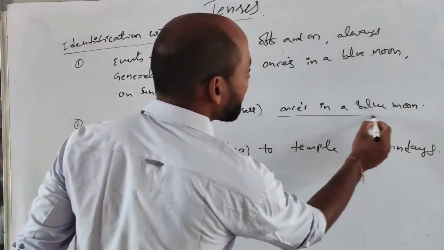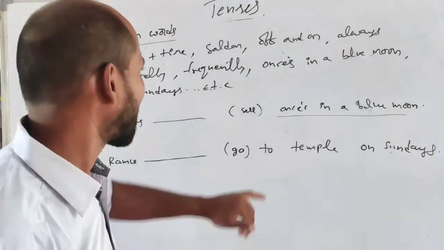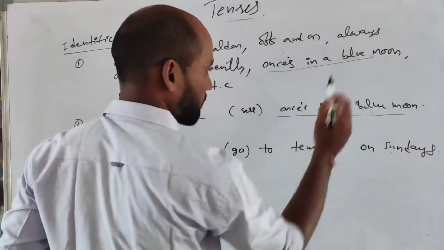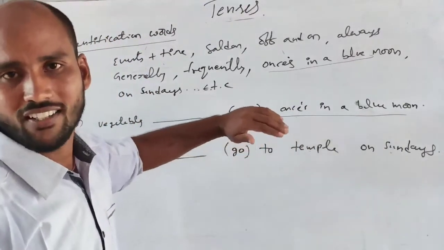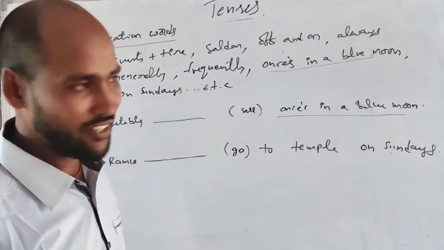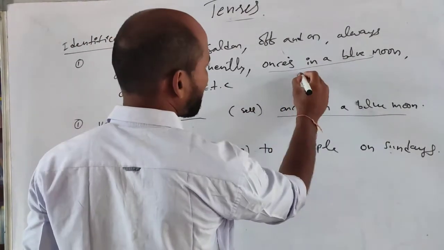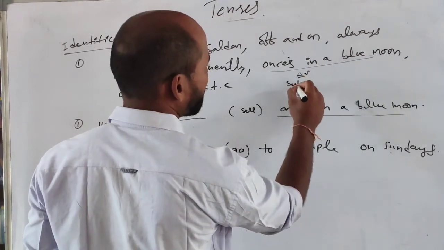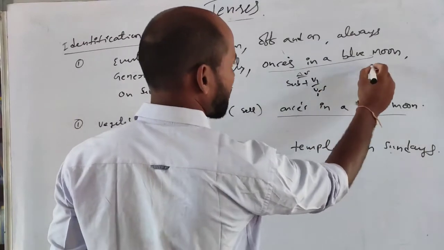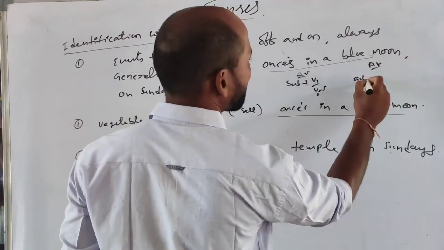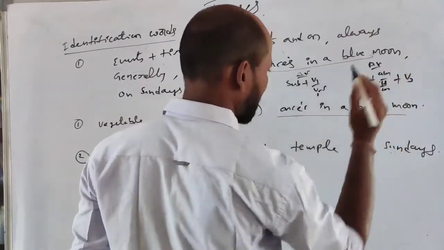Once in a blue moon is an identification word of the simple present tense. So this sentence follows the simple present tense structure. You know the simple present tense structures very well. Active voice structure: subject plus V1 or V1 plus S. The passive voice structure: subject plus am, is, are plus V3.